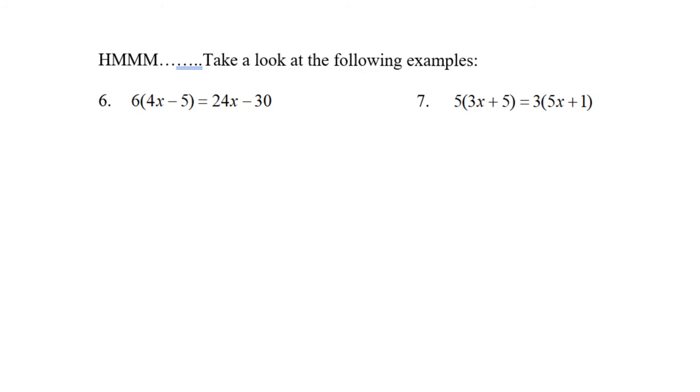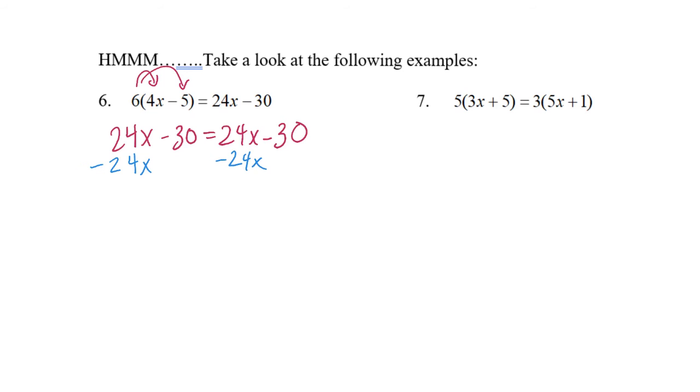All right, looking at this next one, we're going to use the same steps we've been using. Distribute first. You'll notice it's actually the same on both sides, but we're still going to solve this out. Minus 24x on both sides. Negative 30 equals negative 30, which is true. Like, that is a true statement.